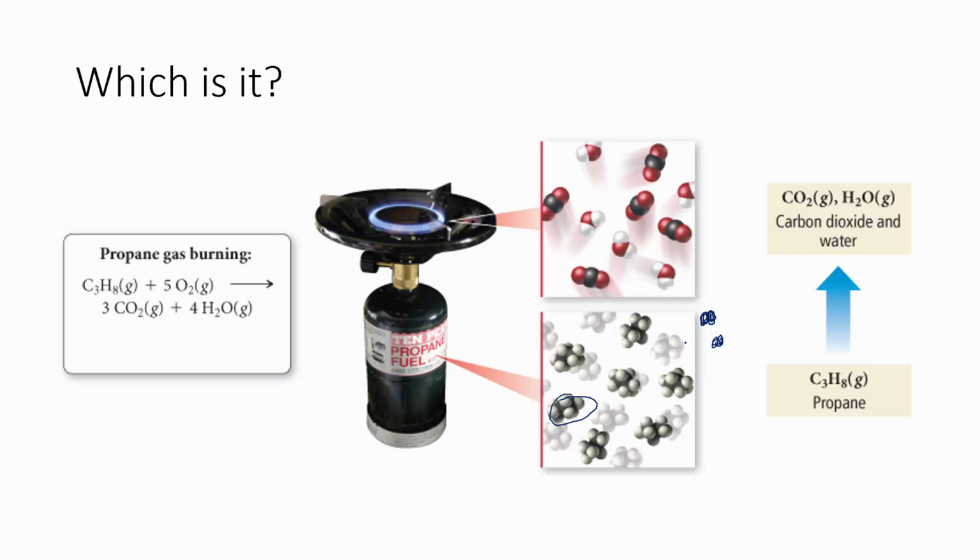In a molecular description, they turn into carbon dioxide and water vapor. So this has different connections than the original set of substances. So therefore, we know that this must be a chemical change, with different arrangements and connections of atoms in the products.